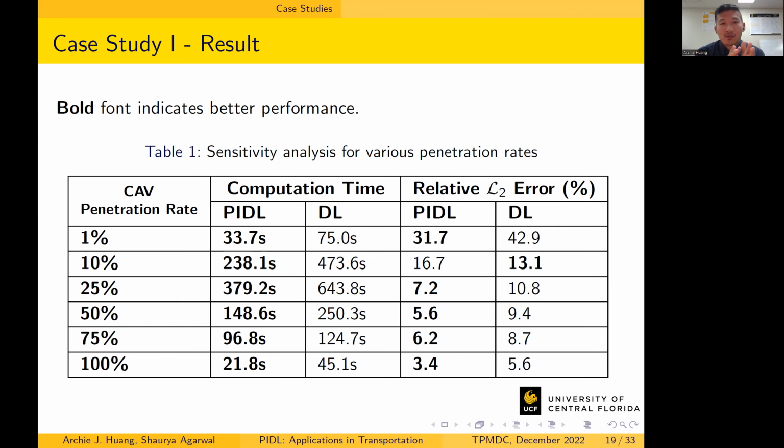The unique advantage of PIDL, encoding the physics in the training process, makes it much quicker to converge and get the estimation output. As you see in this table, the results in bold font indicate better performance. We also see PIDL achieved a better estimation in terms of accuracy in a shorter time as well.